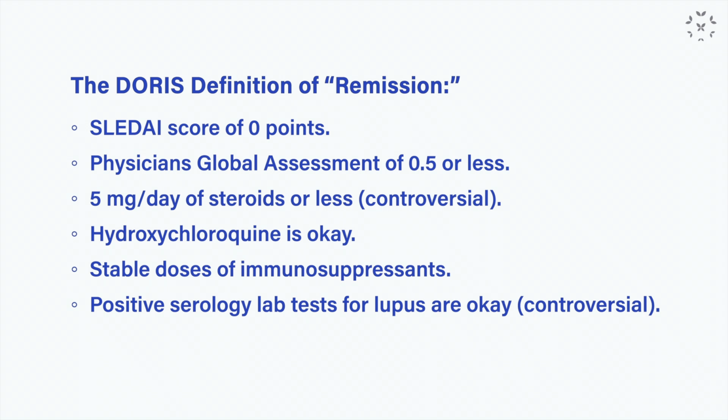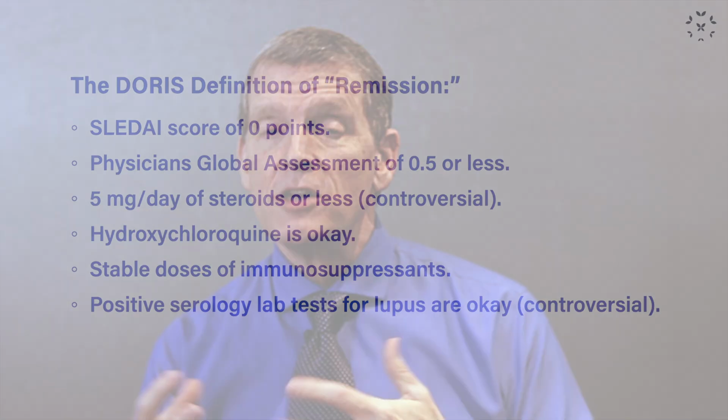Other parts of the definition is that they could be on hydroxychloroquine and they had to be on stable doses of immunosuppressants. Now, another very important part of their definition of remission was that they could have positive serologies. Serologies is a fancy word for blood work.